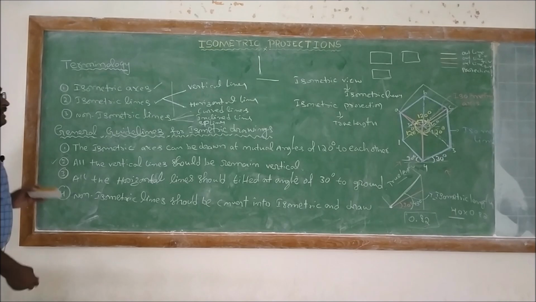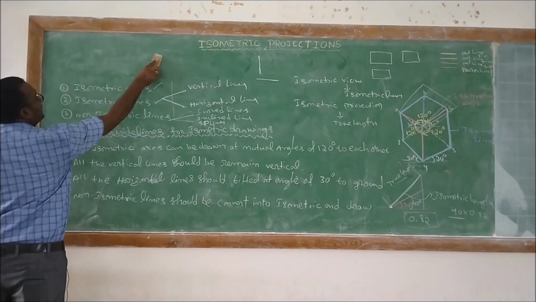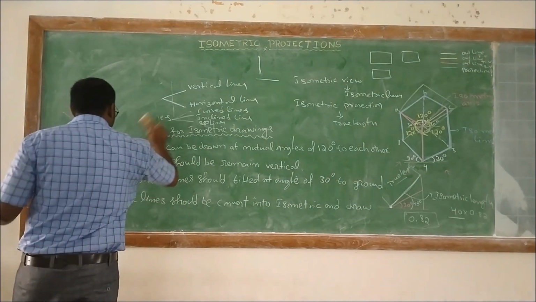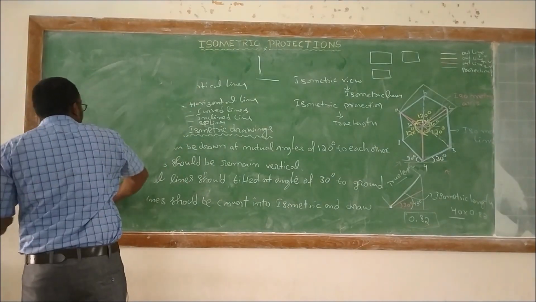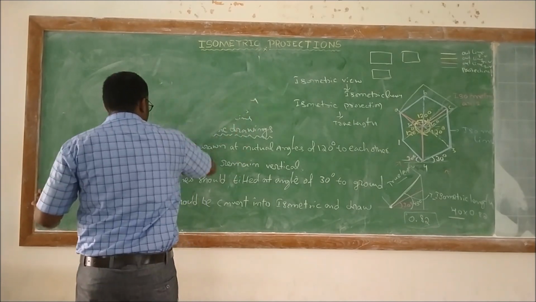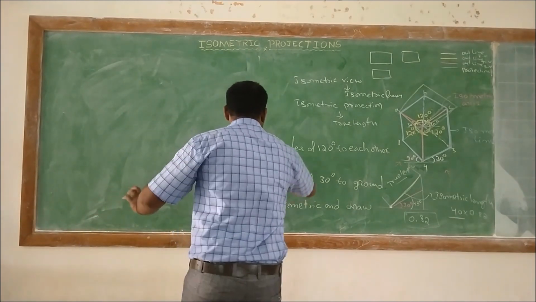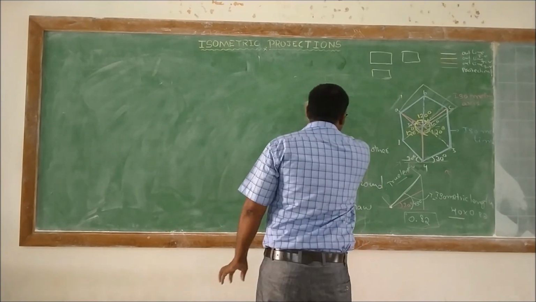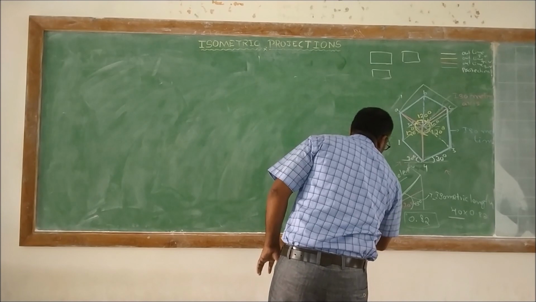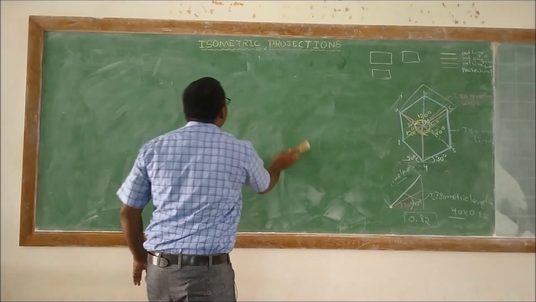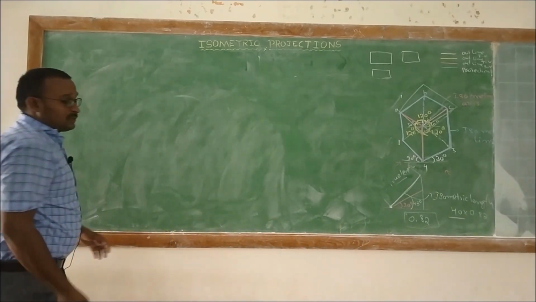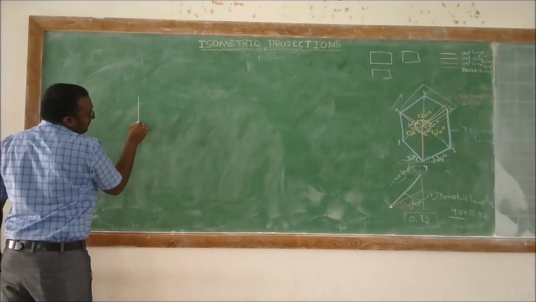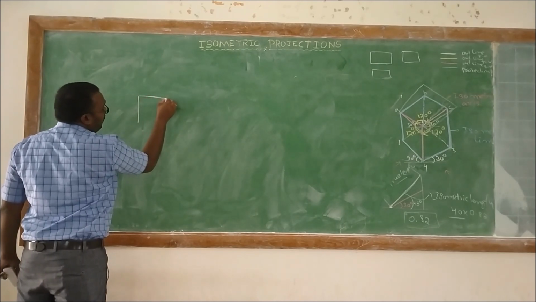Now we will enter into a simple example on the isometric view. Say, for example, if you have a simple plane, let us say here we have a square lamina of side 40 mm.